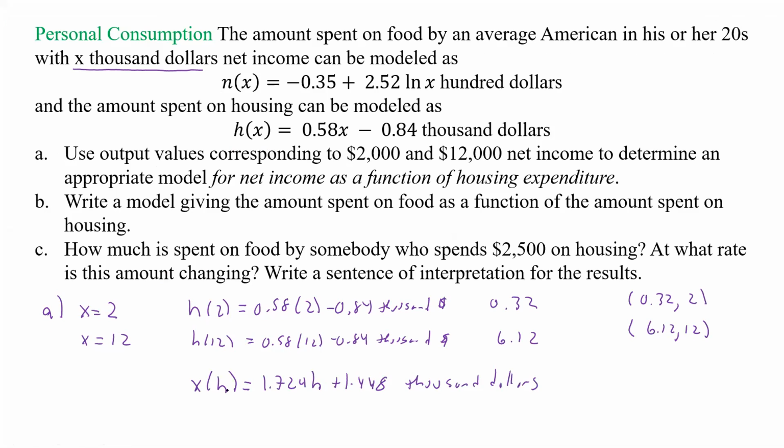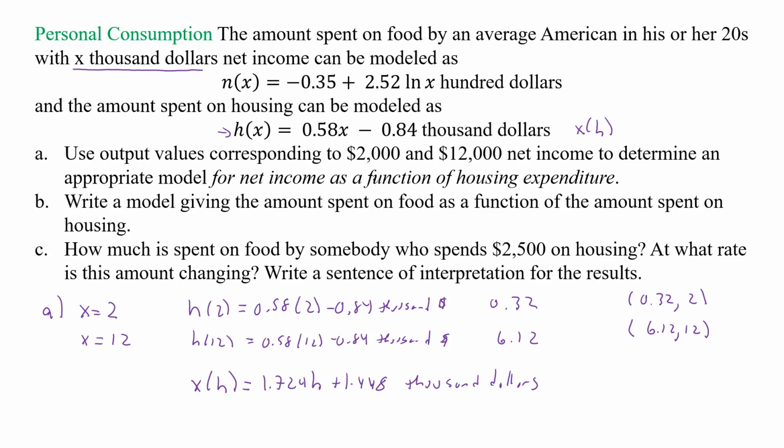So that is the key thing here. The way they had it set up, it wasn't worded right, and so you weren't going to find the inverse of this one here. Why we need that is because we can't plug those two functions together, since they're both in terms of x. But if we take the inverse of this one, then we get x of h, and that x can be plugged in up here, which is what we're supposed to do for part B. So it's in thousands of dollars.